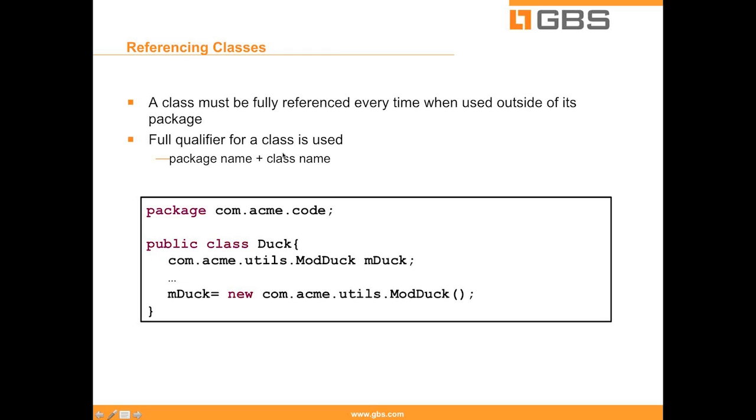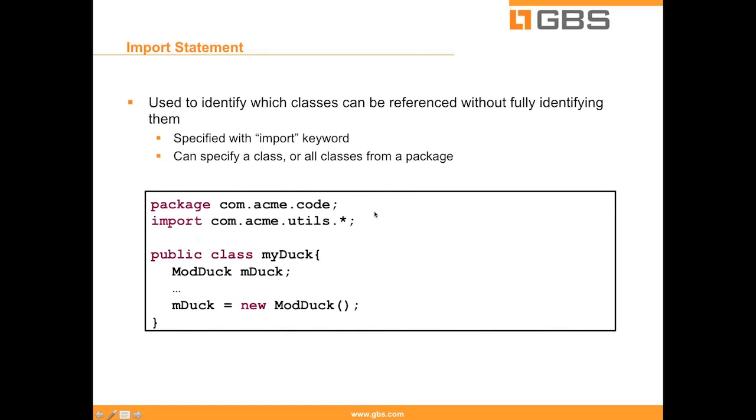So I can use the full qualifier and define this class Duck that's in com.acme.code. If I want to use a class from another package, then I either have to fully identify it, com.acme.utils.Duck mduck equals a new instance of com.acme.utils.Duck, or I can simply create an import statement.